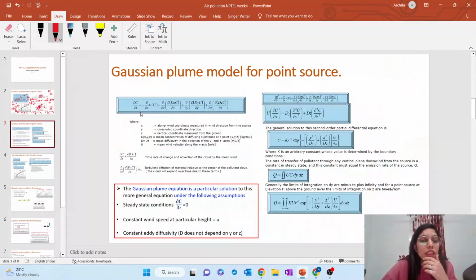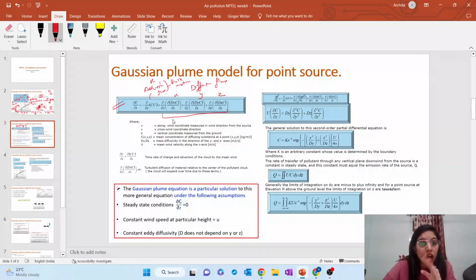What they did is they took the advection flux for x, and then added the diffusion in all three directions. So these three are the diffusion flux components for x, y and z. Ideally this would be the equation, where in x, because that is the plume direction, only advection, which is the bulk motion of particles, is happening.